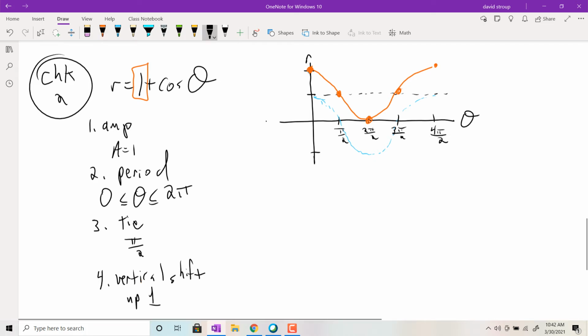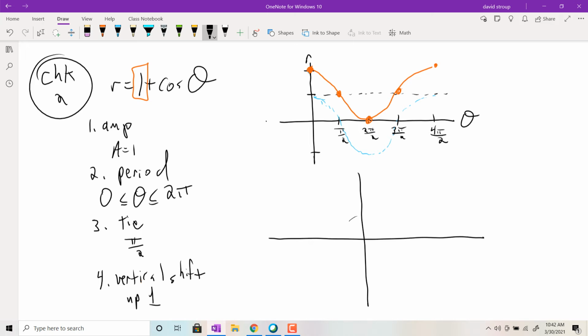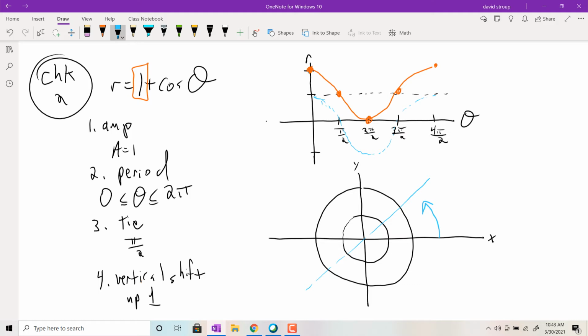Okay, let's go to the polar graphing now. It looks like we need basically 2 circles, and then kind of rotating out. I can go by pi over 4s again. This is x, this is y. From 0 to pi over 4, it's decreasing from 1. If you look on the graph, I'll put it in yellow, it's decreasing from 2 to maybe 3 halves.